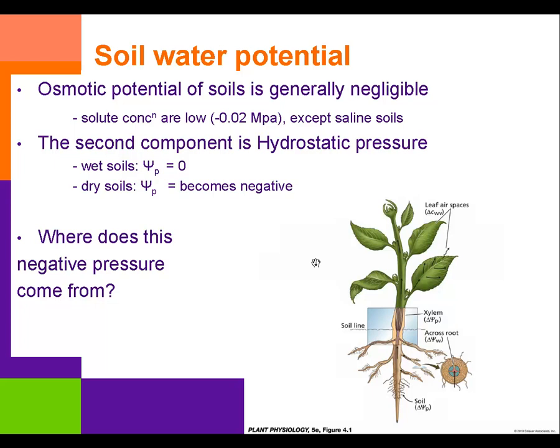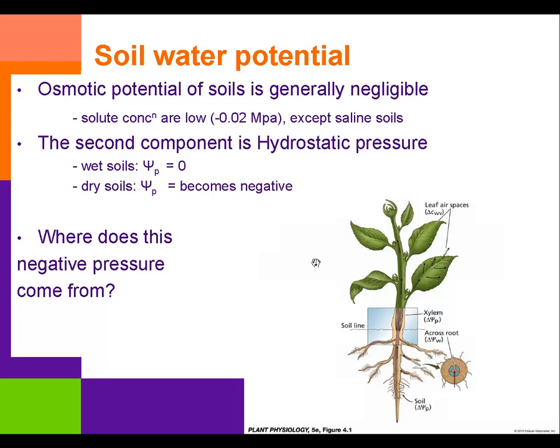Apart from extremely saline soils, where the osmotic potential can get quite negative, but generally in non-saline soils, the osmotic potential is around negative 0.02 megapascals. The other component is hydrostatic pressure. So water potential is the potential due to gravity, the potential due to pressure, and the potential due to solutes.